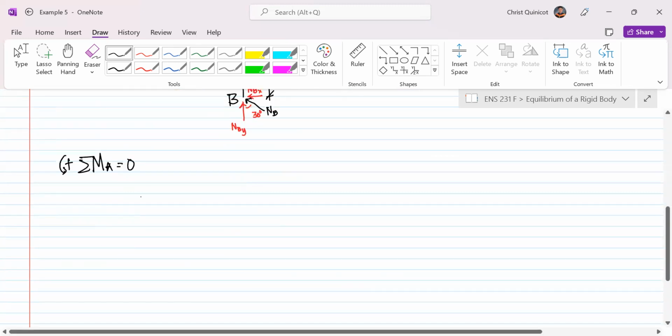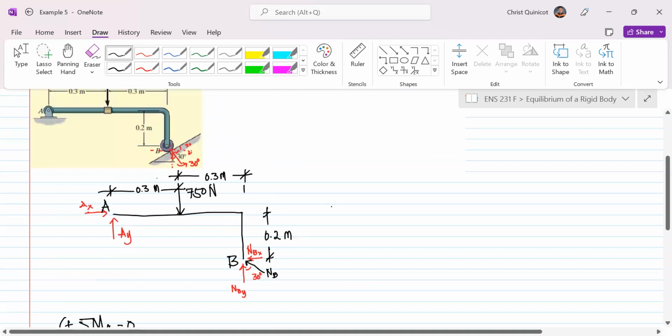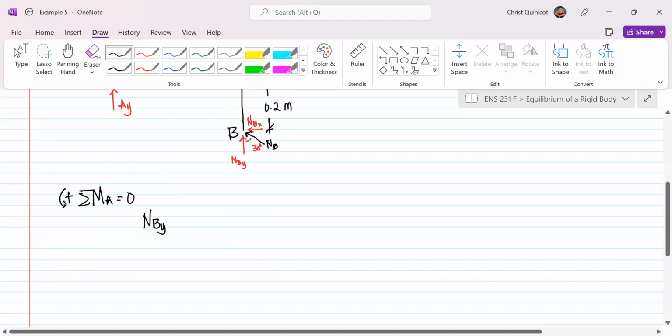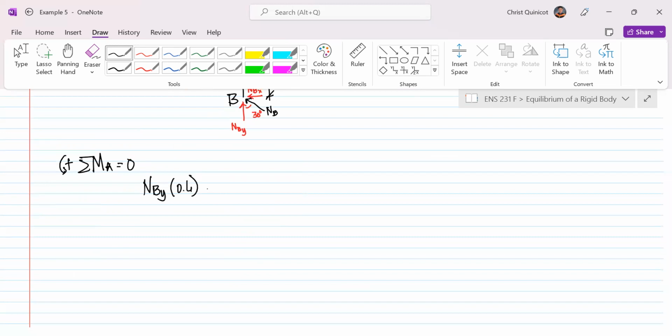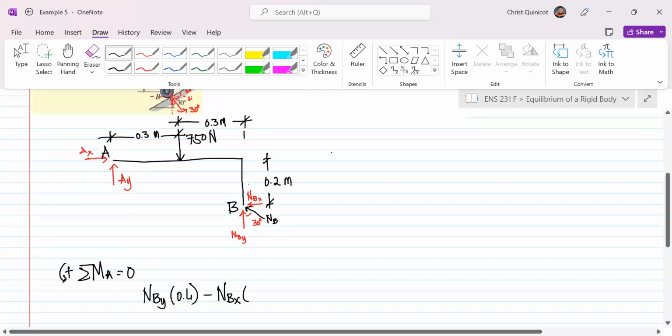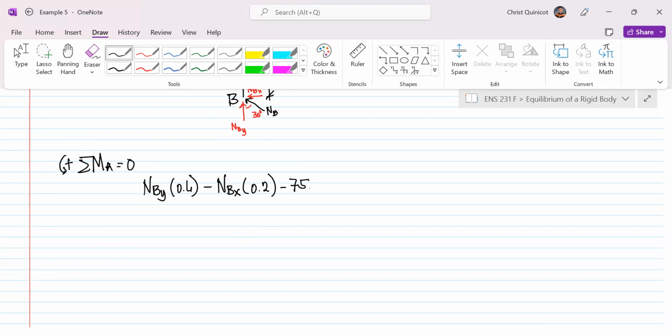So this becomes N sub B Y times its perpendicular distance, that is 0.3 plus 0.3, so 0.6, minus N sub B X times the perpendicular distance from A to B, 0.2, minus 750 times 0.3 is equal to 0.